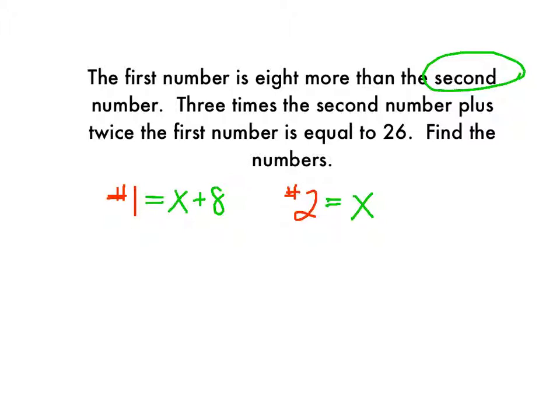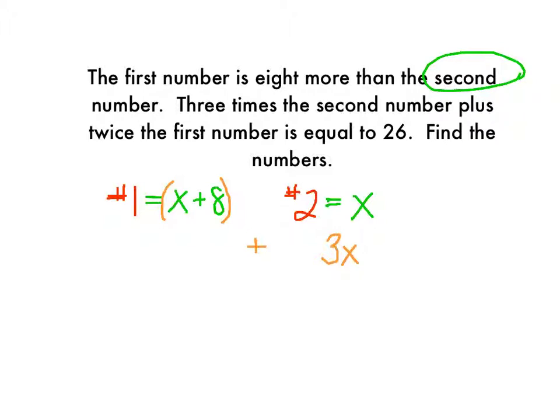Now I go on to the second sentence. 3 times the second number. Well, if the second number was x, then 3 times that would be 3x. Plus, so I'm going to be doing some adding here, twice the first number. Well, the whole thing here is considered the first number. That whole expression represents the first number.